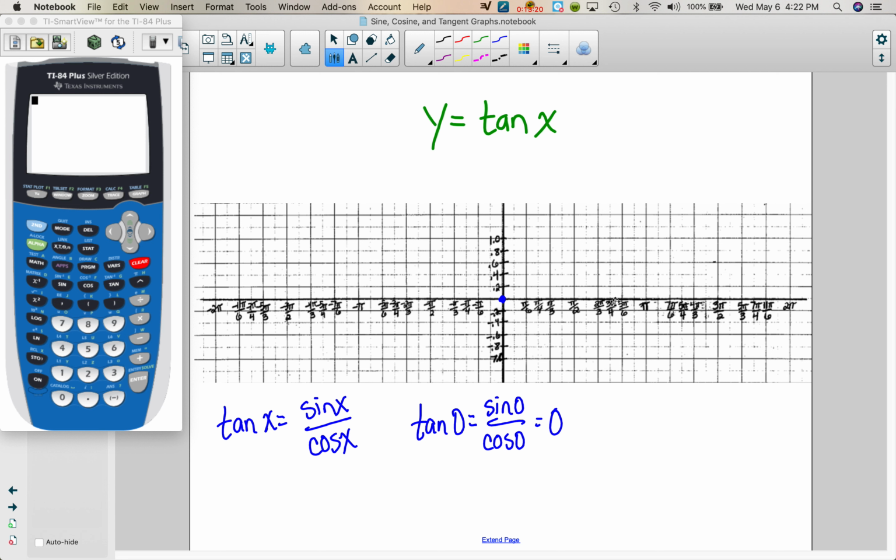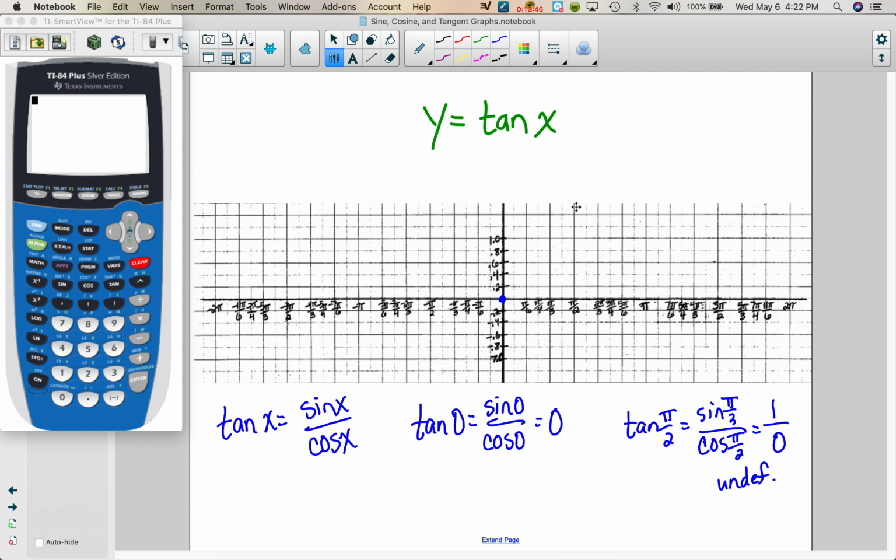But at pi over 2, if you were to take tangent of pi over 2, you get sine of pi over 2 over cosine of pi over 2. And when you do that, you get 1 over 0. And we can't have that, it's undefined. Well, on a graph, when something is undefined, do you remember what we do there?